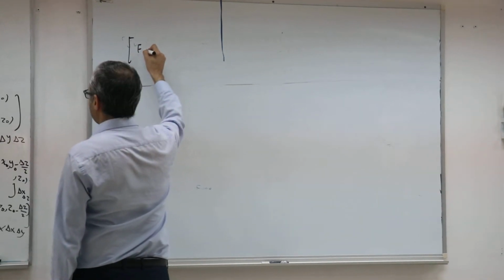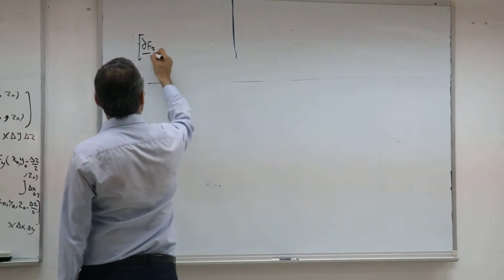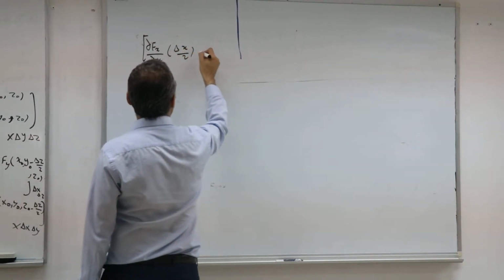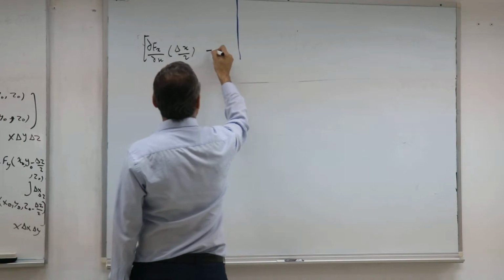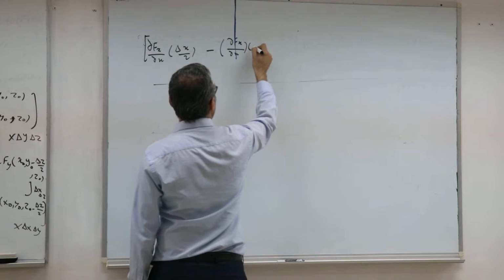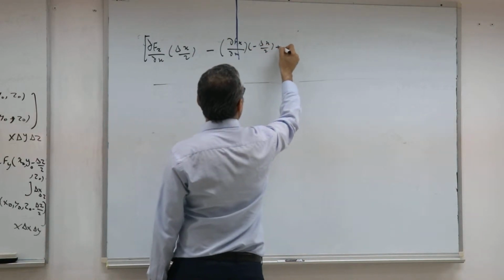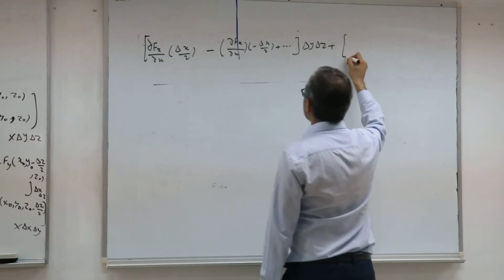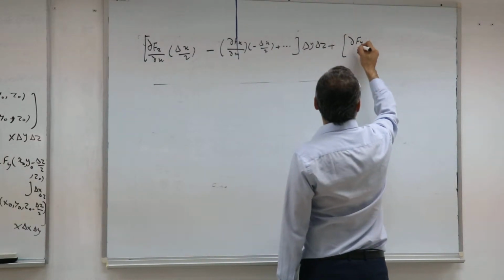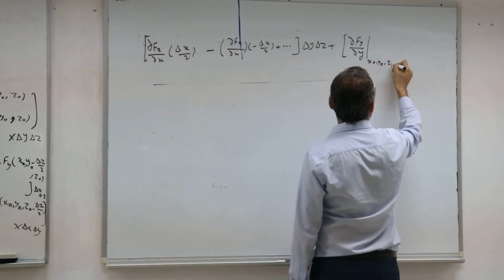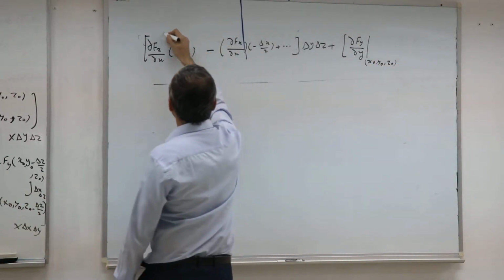So it will be partial Fx at delta x over 2 minus partial Fx at minus delta x over 2, of course plus another correction, plus partial Fy. Of course, all will be computed at this point.